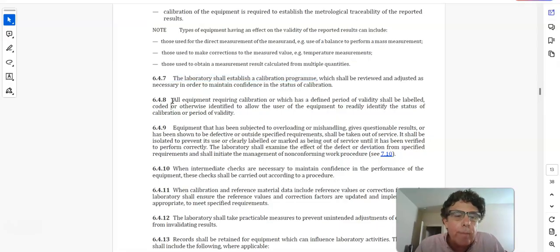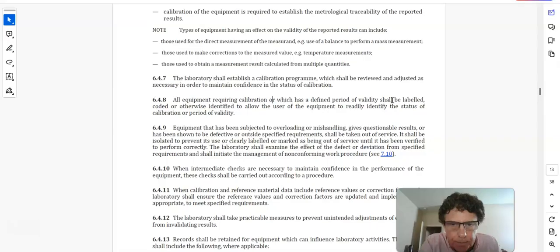So all equipment requiring calibration or which has a defined period of validity shall be labeled, coded, or otherwise identified to allow the user of the equipment to readily identify the status of calibration or period of validity. So what does that mean?